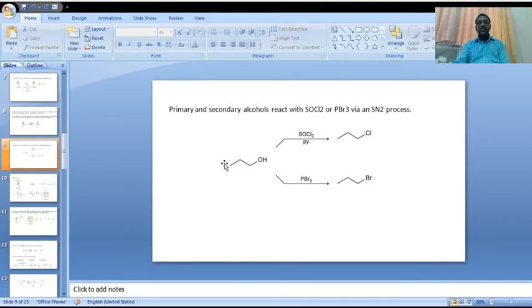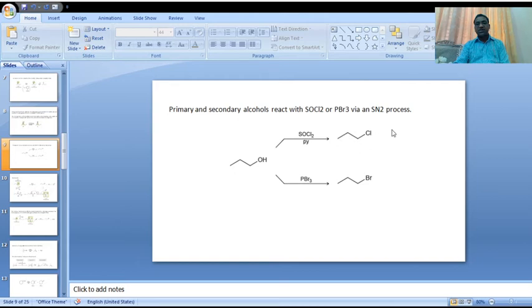Here, we are using a primary alcohol as the starting compound. Primary alcohol on reaction with thionyl chloride in the presence of pyridine forms alkyl halide, alkyl chloride. Is it clear?